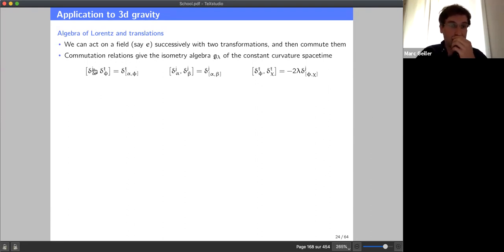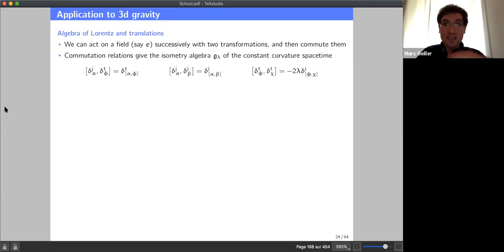So the first bracket is telling you that if you commute a Lorentz transformation J with parameter alpha and a translation with parameter phi, you get again a translation whose parameter is the Lie algebra bracket of alpha and phi. If you commute 2 Lorentz transformations, you get a Lorentz transformation. And if you commute 2 translations, you get up to the cosmological constant, a Lorentz transformation.